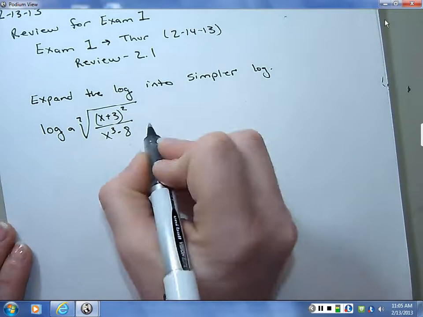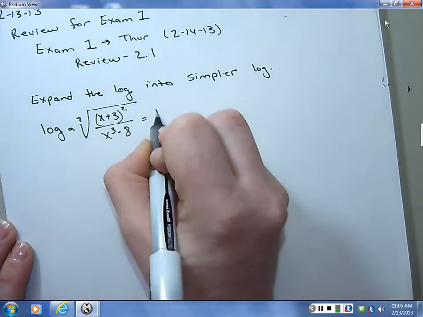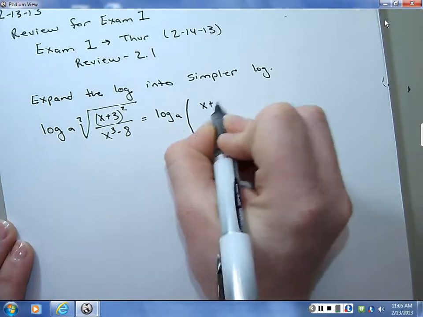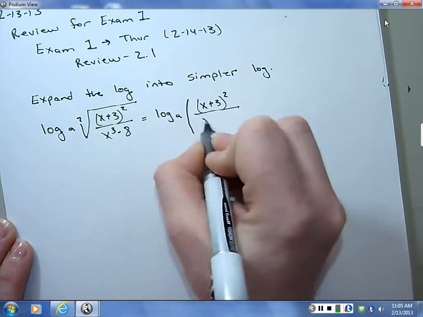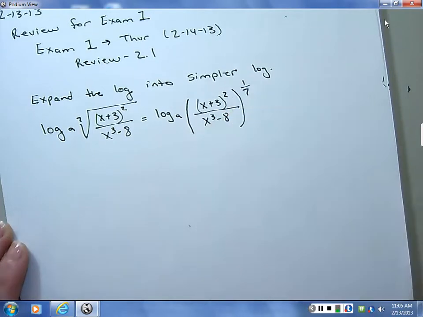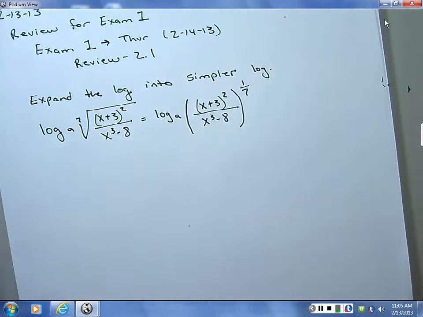So the first thing I want to do, I can write this as log base a of (x plus 3) squared over (x cubed minus 8), all to the 1/7 power, right? The 7th root of something is that something to the 1/7 power.